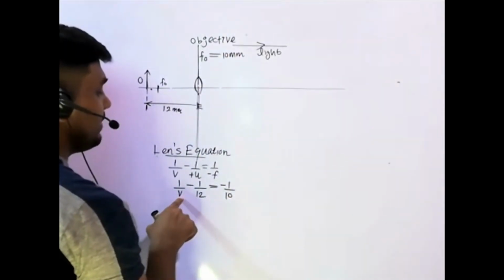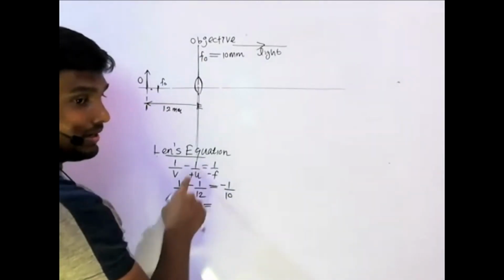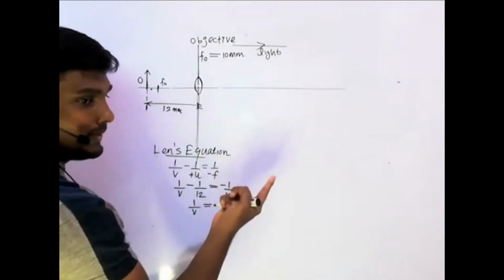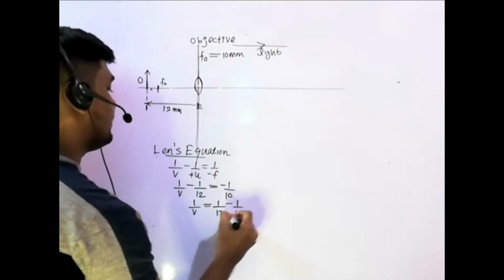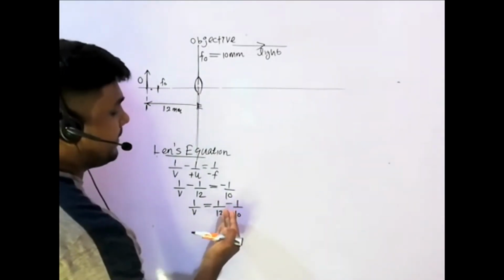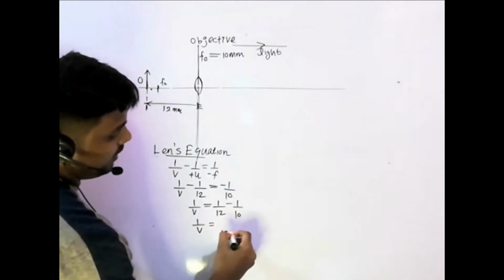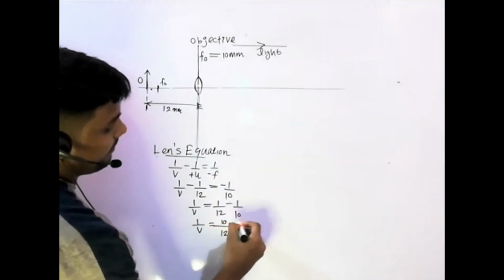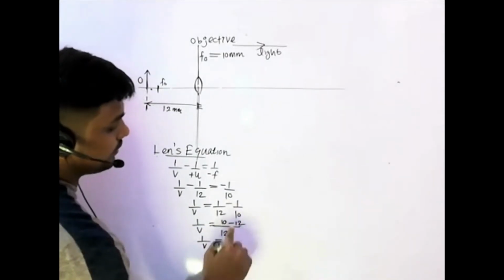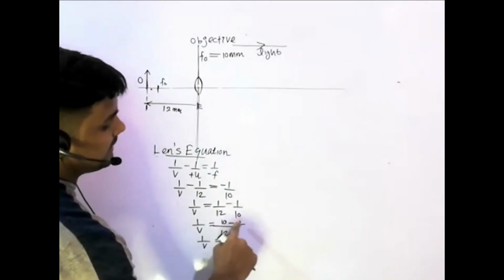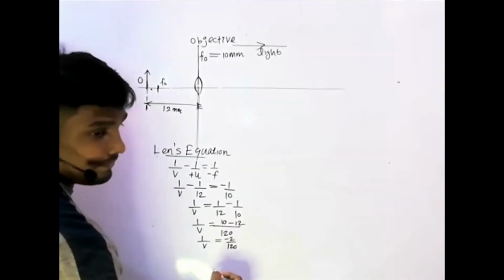Right. I want to find my V. I make 1 over V the subject. Therefore, I'll bring minus 1 over 12 to the opposite side: 1 over 12 minus 1 over 10. This simplification is very basic. The common denominator is 120, 10 minus 12, which means minus 2 over 120.